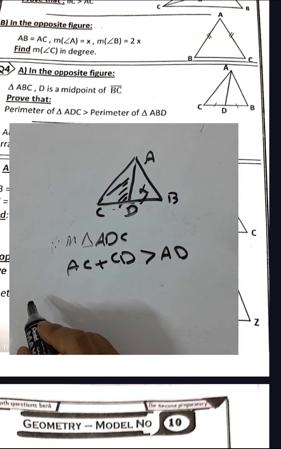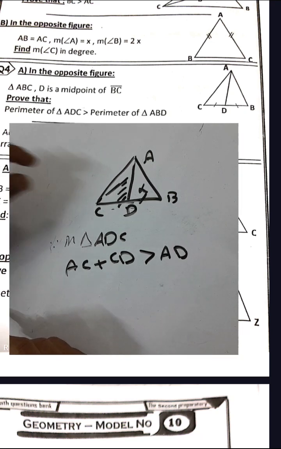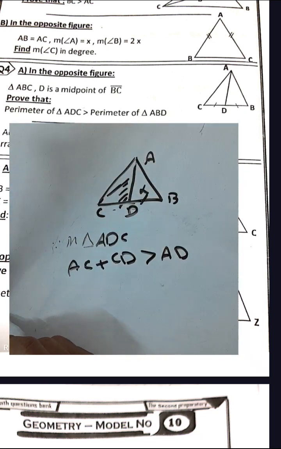Okay, and I want to find the perimeter of ABD. The perimeter of this triangle is greater than the perimeter of this triangle.